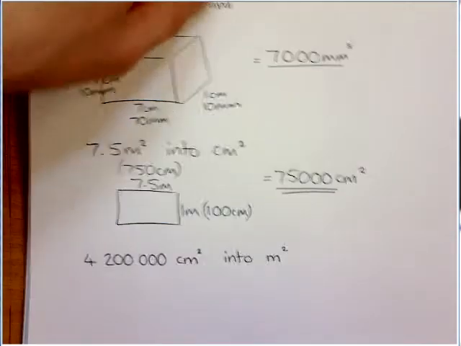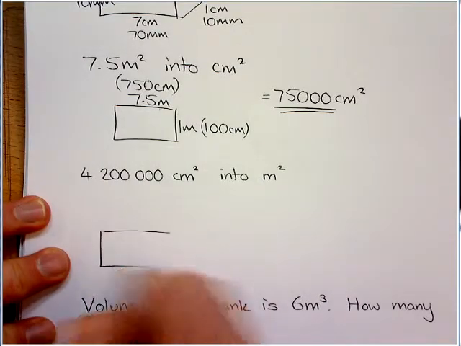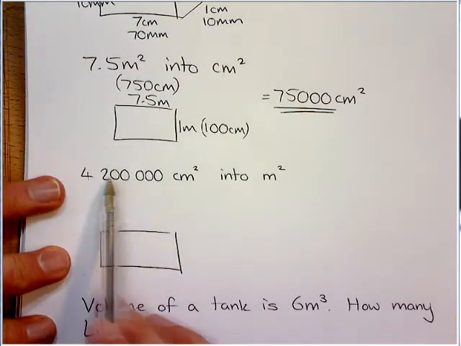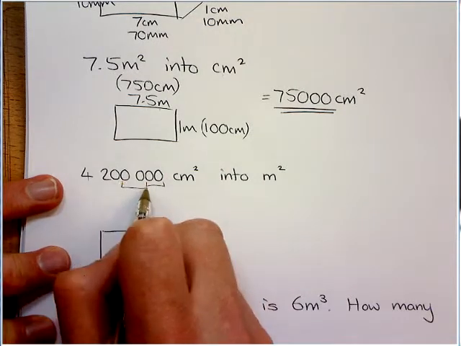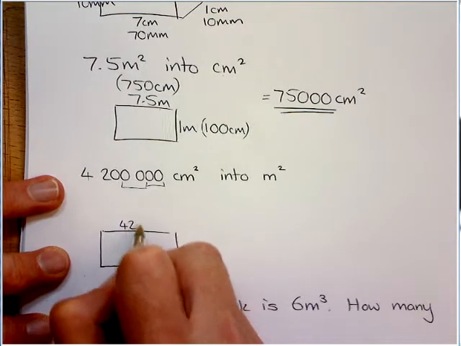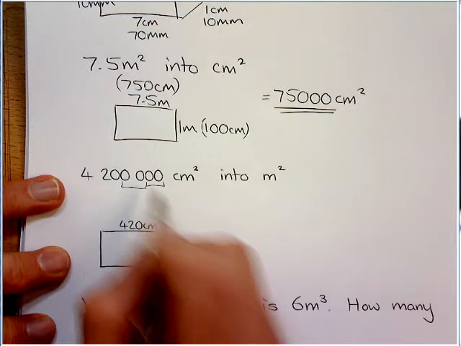Okay, so this one is going the other way around. So I'm going to draw a picture. Again, it's area, so two-dimensional. And because we're changing it into meters, I'm looking at 100. So there's 100, and there's another 100. So what I'm going to do is 420 centimeters. No, I'm not, because that would be volume.